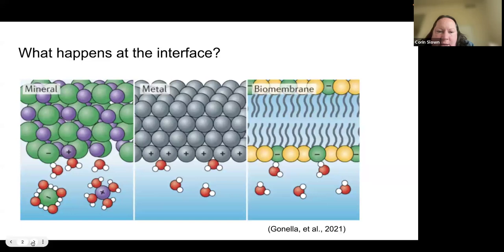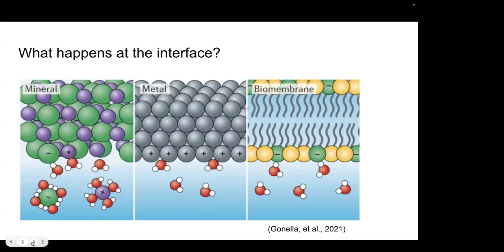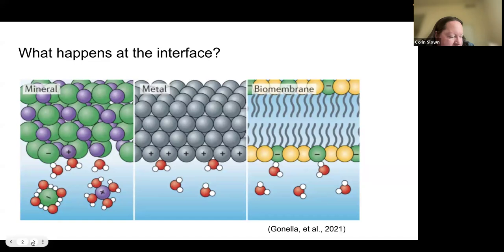I want you to take a moment and tell me what you see in these three images. What do you notice? Water isn't penetrating them. Right, so there's water on a surface.